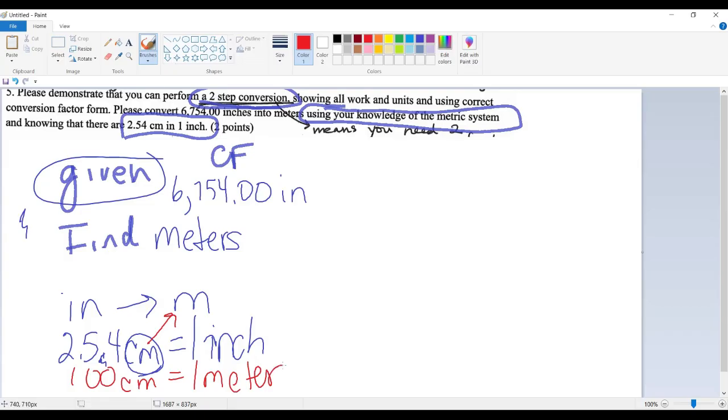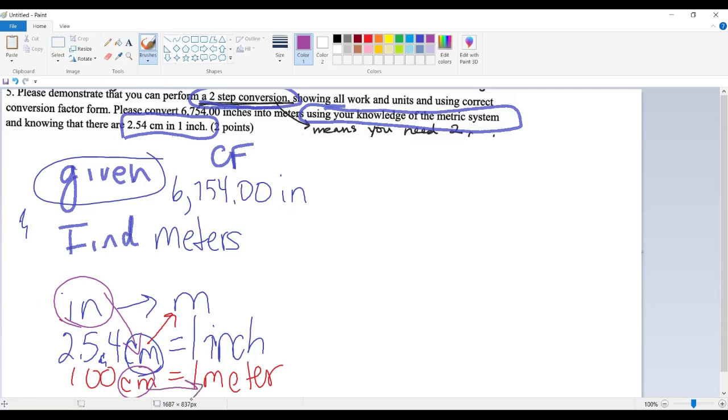And now I have a path, a two-step path. I'm going to go inches to centimeters, and then from centimeters to meters, and that's my map.